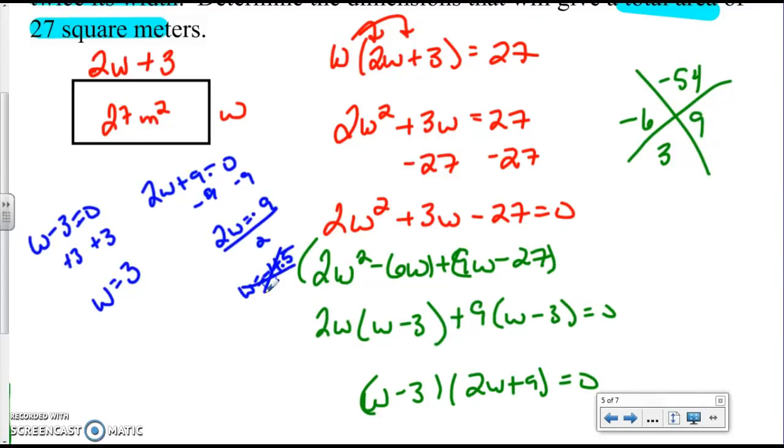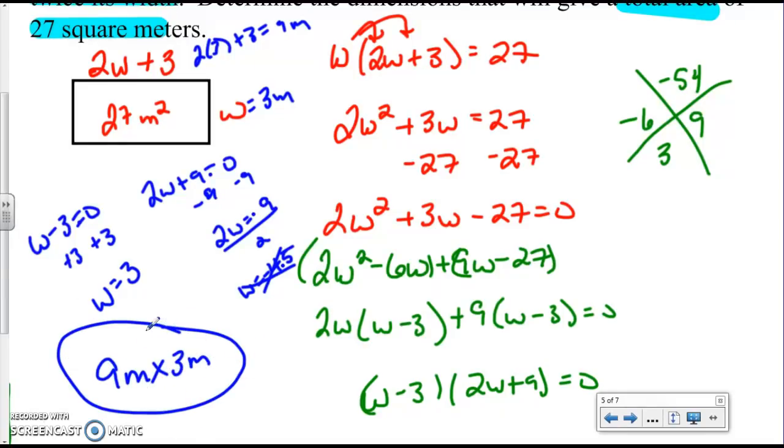Well, I can't have a negative width, so right there, that one's gone. So if my width is 3 meters, that means 2 times 3 is 6, plus 3 equals 9. So we have 9 meters for our length. So we're going to go 9 meters by 3 meters, and we should be good there. So 9 times 3 gives us 27.